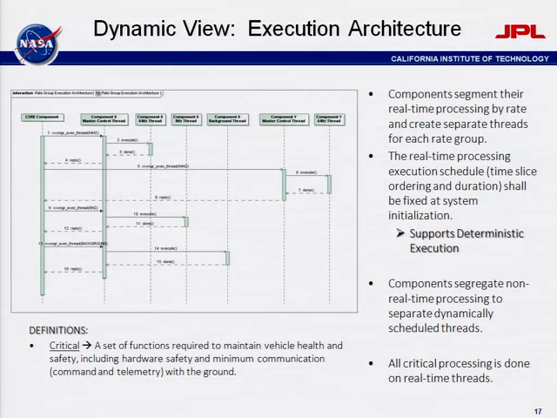All critical processing, however, is done on real-time threads, and we define critical processing to be a set of functions required to maintain vehicle health and safety, including hardware safety and minimum communication, command and telemetry with the ground. Again, the main critical component in our system is the flight software core.